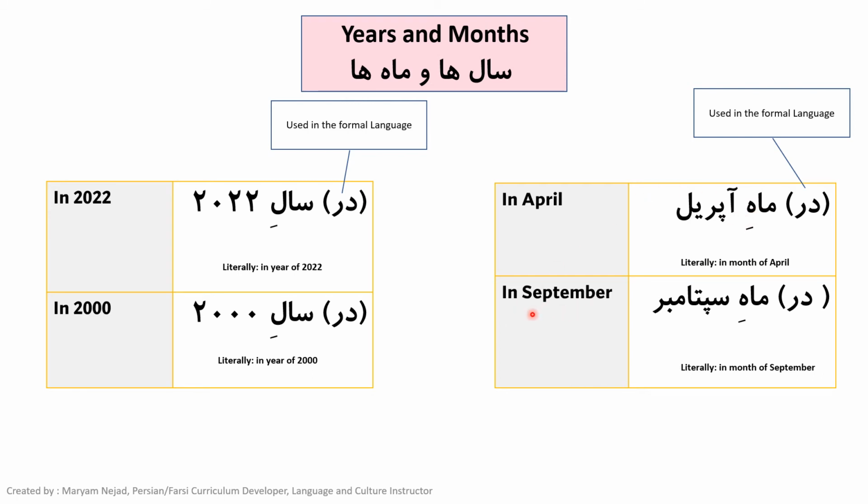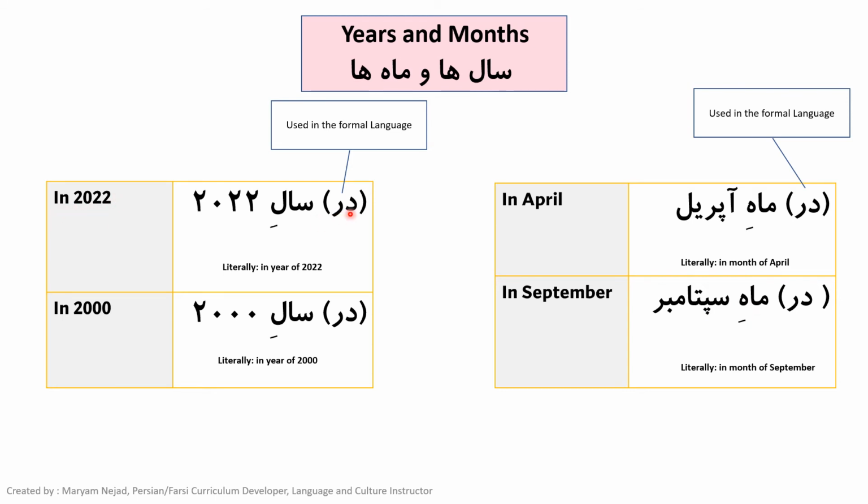Or like in September. September is pronounced septembre. And then در ماه سپتامبر, in the month of September. But again, dar is used in the formal language. In the spoken language, we just say ماه سپتامبر or just septembre. Again, we don't have to say ماه. Let's go over the years. So we want to say in 2002.